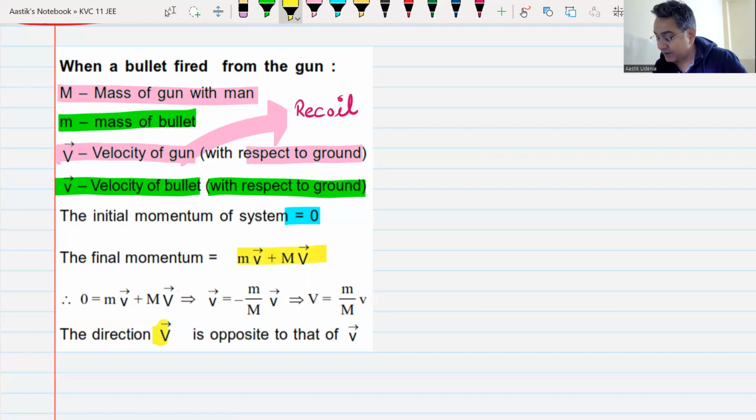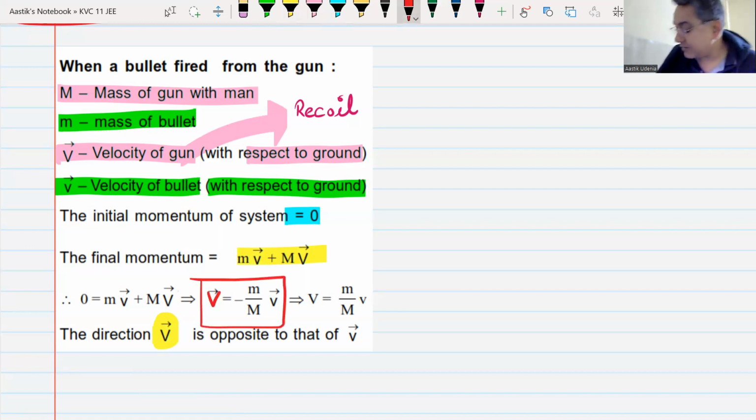From there, I can find out the recoil velocity of the gun, or the recoil velocity of the man. The recoil velocity of the man, you will get a minus sign here, capital V will be equal to minus small m by capital M into V. The direction of this recoil velocity is opposite to that of V. Do we understand this?